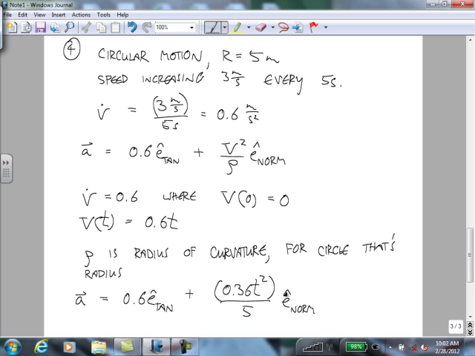What we get is 0.36 t squared? That's v squared. Just 0.36 and t squared. Okay. Yes, that's right.